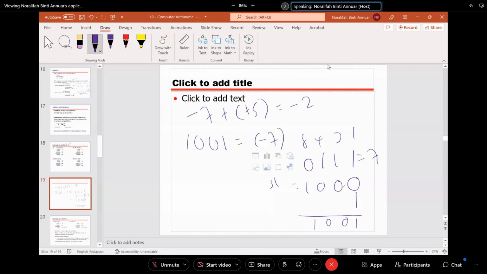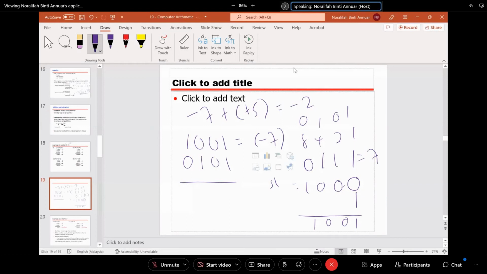Understand? If it is positive, it is straightforward: 4 plus 2 plus 1 is 7. If it is negative, you have to do these steps, the two-step Boolean complement. Now 5 is positive, so it is straightforward: 4 plus 1 is 5, so 0101. Then you do the addition.